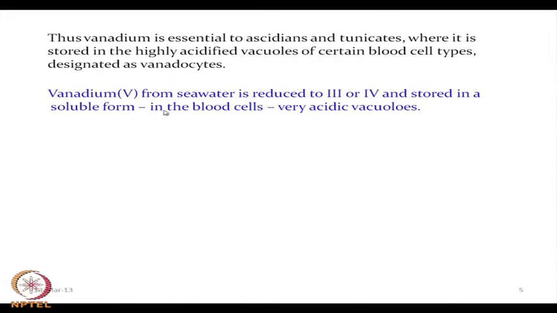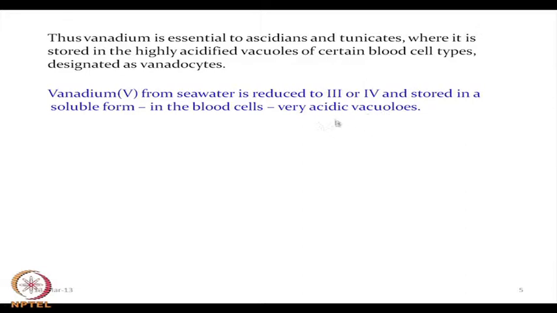So, vanadium 5 which is present in the seawater can thus be reduced, as we have already seen, to these two oxidation states, and can be stored in soluble form within the very acidic vacuoles.